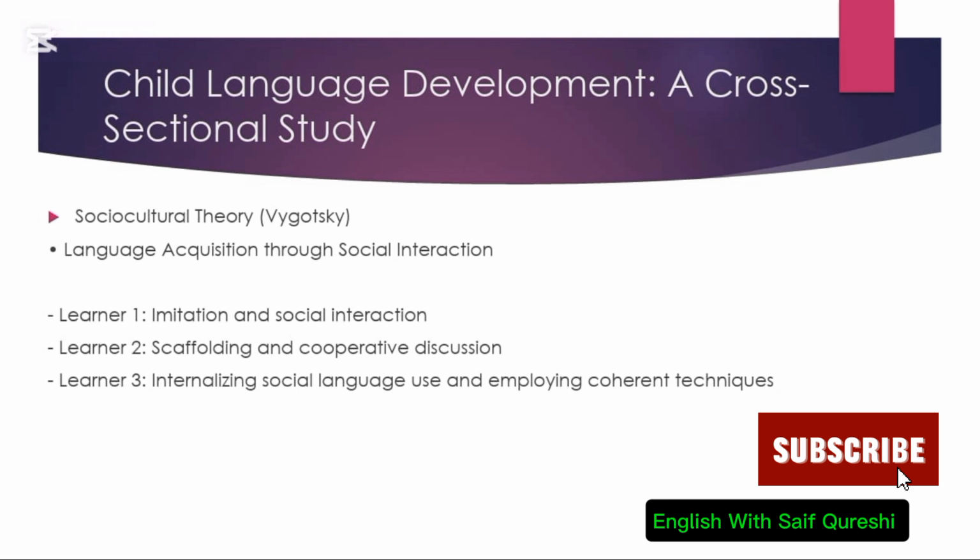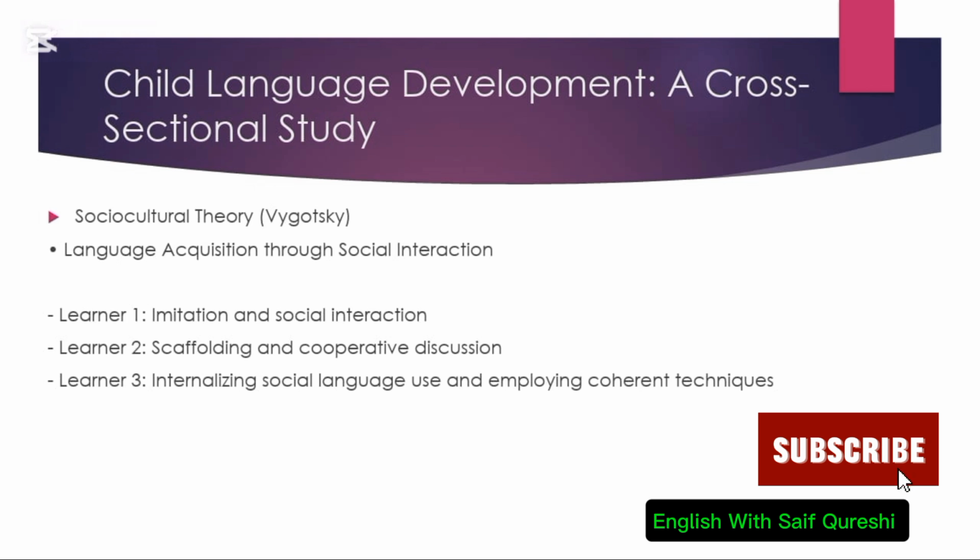Learner 2, from 5 to 7 years old, scaffolding and cooperative discussion. When they interact with others, they get help and feedback from others. So when they get help and feedback, they learn language. The next is learner 3, whose age is 8 to 10.